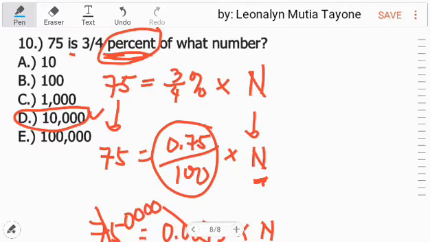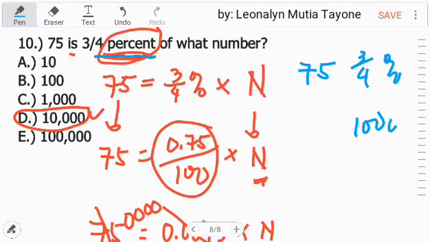Ang number 10 ay magkaiba po sa number 9. Kasi ang number 9 walang percent. Ito 75 is 3/4% of what number? Pag sinabing 75 versus sa 3/4, kaso lang may percent yan, kung kanina 100 ang sagot, dagdagan mo lang ng 2 0 kasi nga mayroon na tong percent.